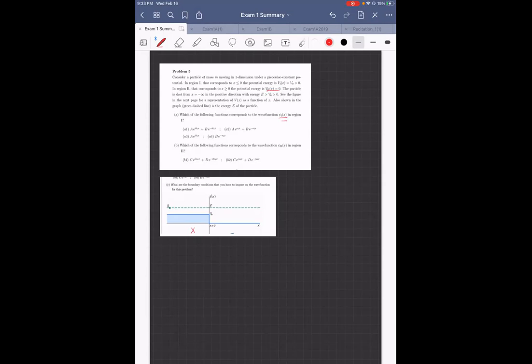This time you're asked to do this in the reverse direction, so a particle is shot from this direction here. From here, guys, what wave function would you think would describe the particle here? I thought it was A1 or A2.